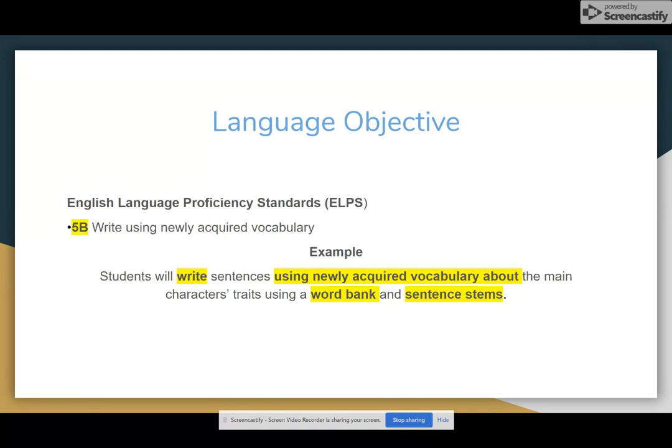So you're telling them what they're learning, which is the character's traits, but also incorporating that language, how they're going to be learning and describing the character's traits. You're going to give them vocabulary, they're going to write those sentences, and you're going to give them word banks and sentence stems so they can acquire the understanding and knowledge of how to describe those character traits, not just tell them to do it.